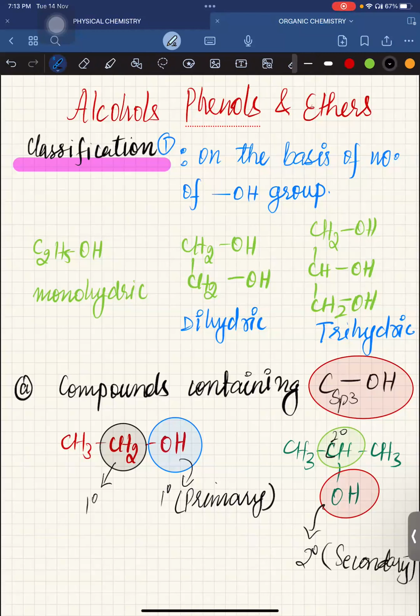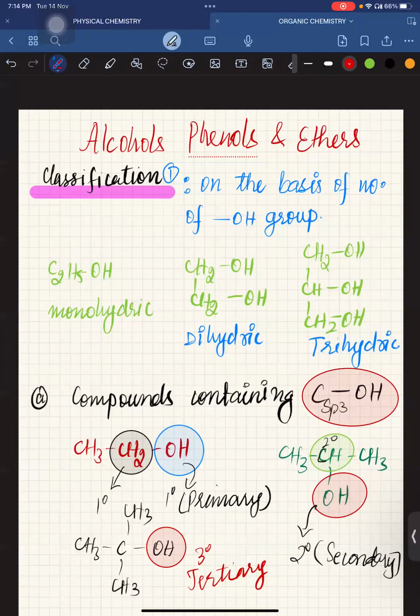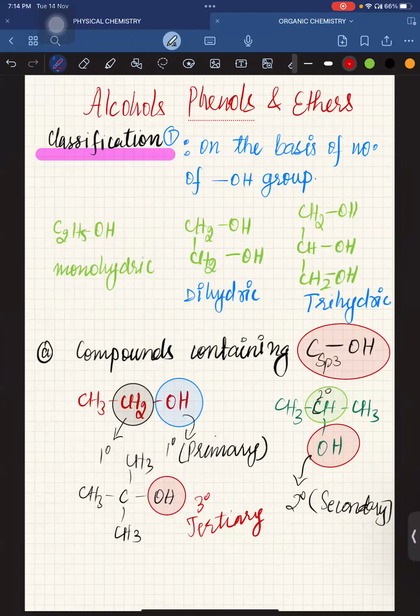In the same way, for tertiary, CH3, C, OH, with CH3 and CH3: this carbon is 3 degree, so tertiary. I hope this is very simple and you got all of it, right?